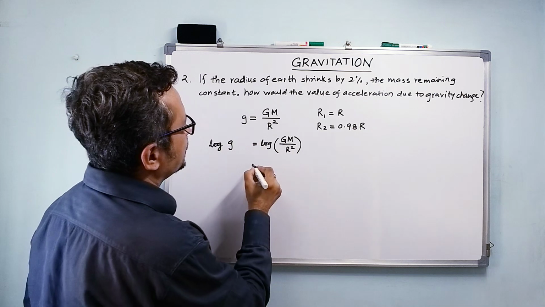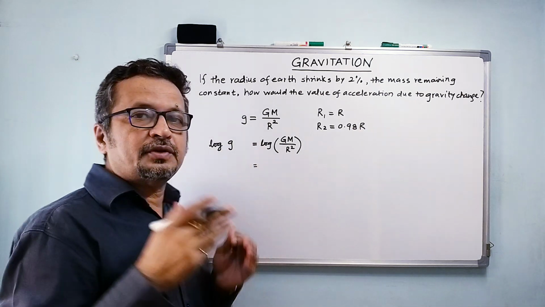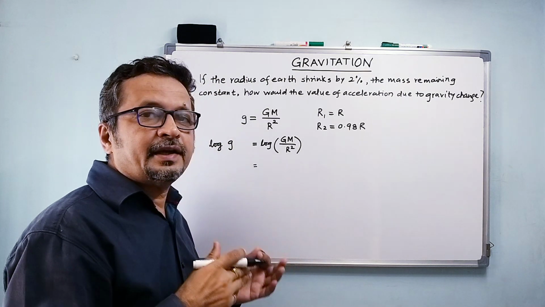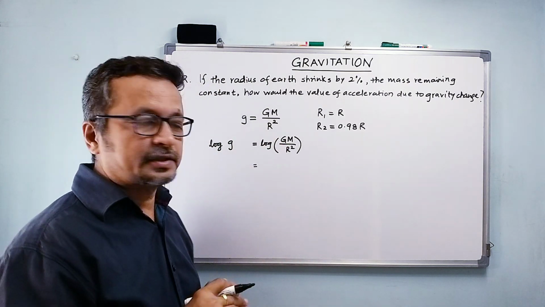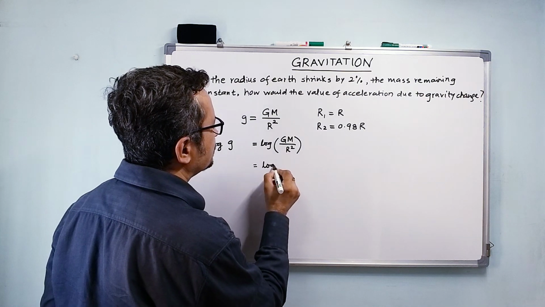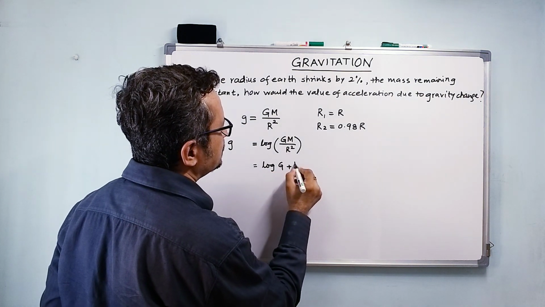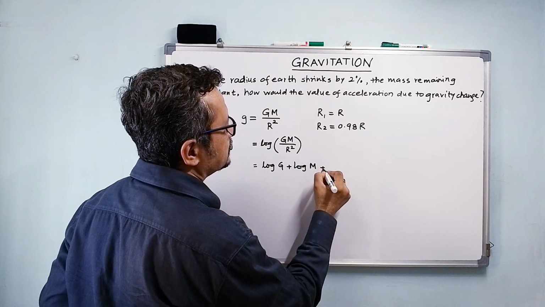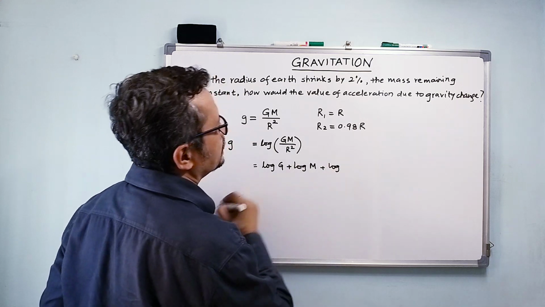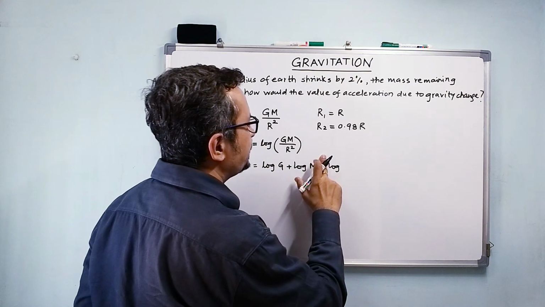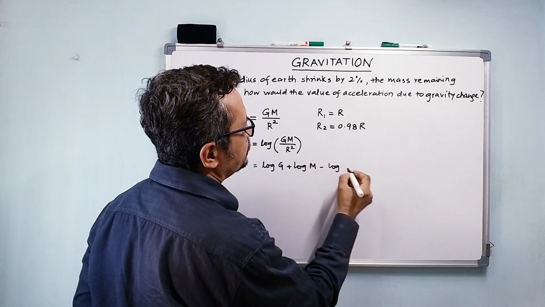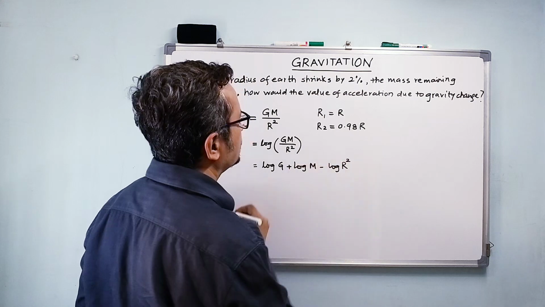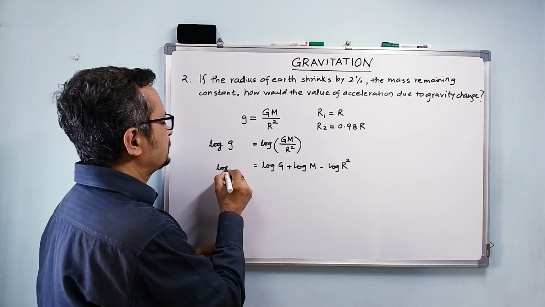Now it is the log of a quotient, so log of numerator minus log of denominator, but then log of numerator is again log of a product, so this is going to be log of G plus log of M, correct, minus log of r square, and then this is your log of g.